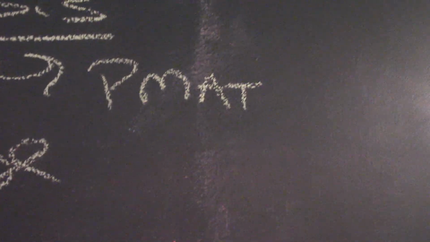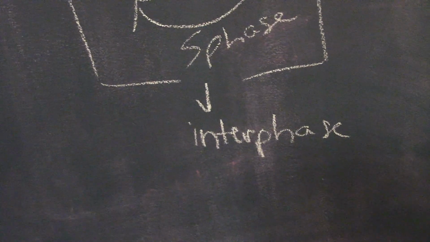So we have the M phase, and mitosis is the division, and we have our different stages of mitosis that happen there. And the rest of this is interphase. So the G1, S phase, and G2 phase all happen in interphase.